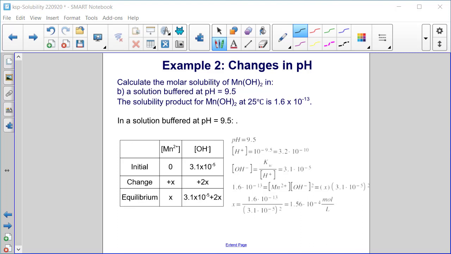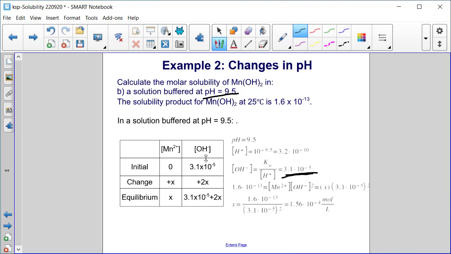So now let's calculate the molar solubility of manganese hydroxide in a solution that's buffered at a pH of 9.5. At 9.5 pH, we can calculate the hydroxide ion and hydrogen ion concentrations using K water. This hydroxide ion concentration, 3.1 times 10 to the minus 5, is important.